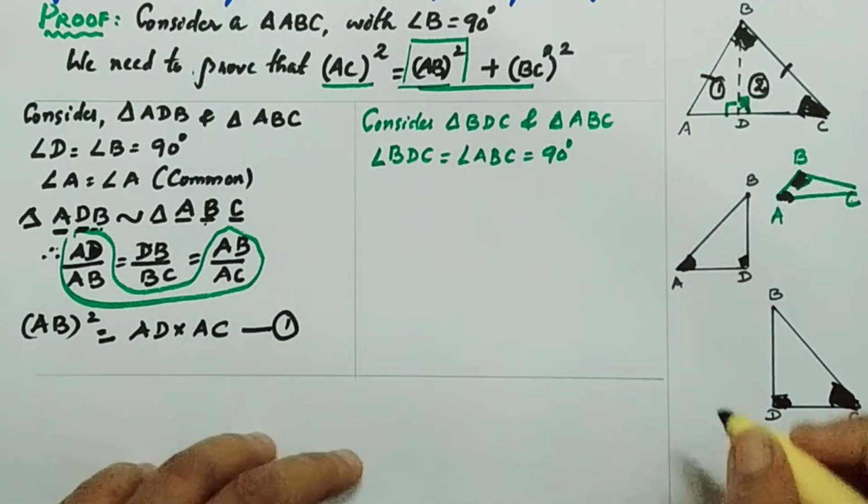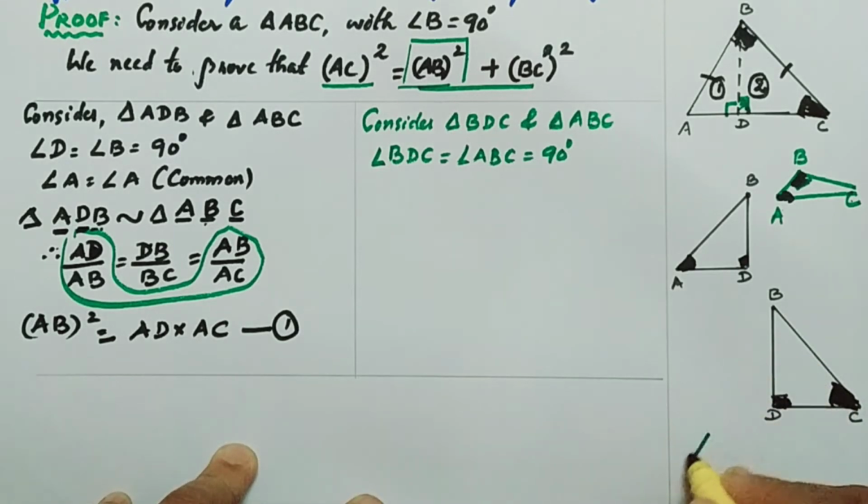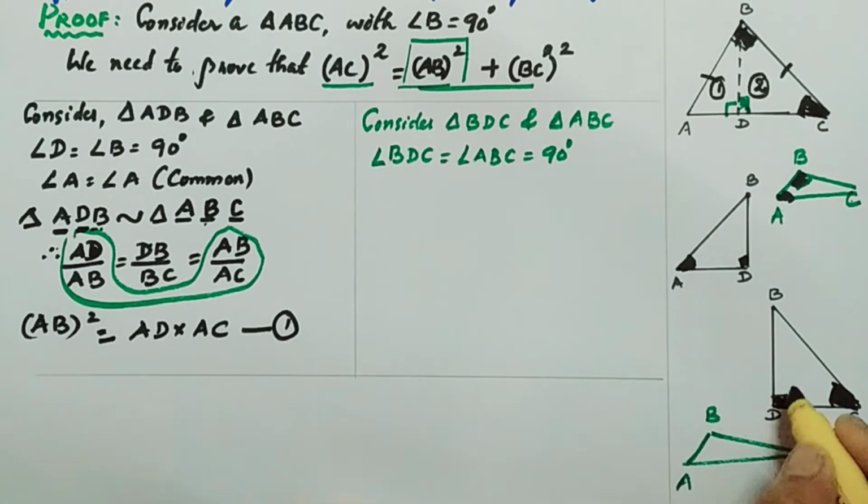I will draw the larger triangle here. The larger triangle will be like this, A, B, C. Now look at this one. Here in the right side triangle BDC, this angle is 90 degrees, and in the larger triangle, this angle is 90 degrees. The angle C of the right side triangle and angle C of the larger triangle are common angles.